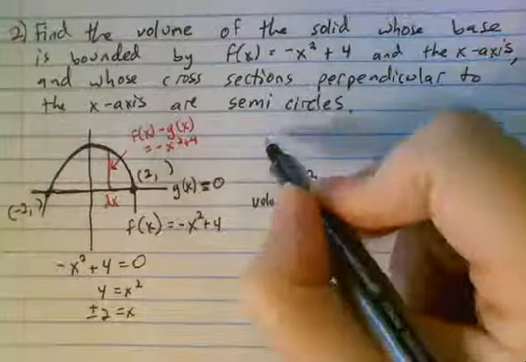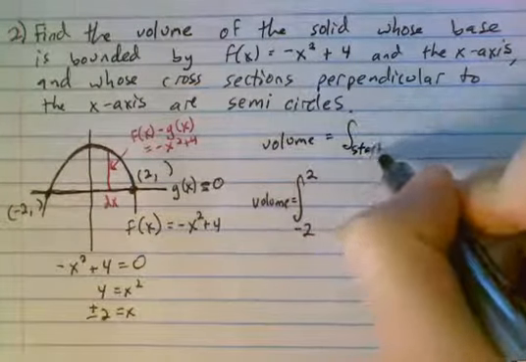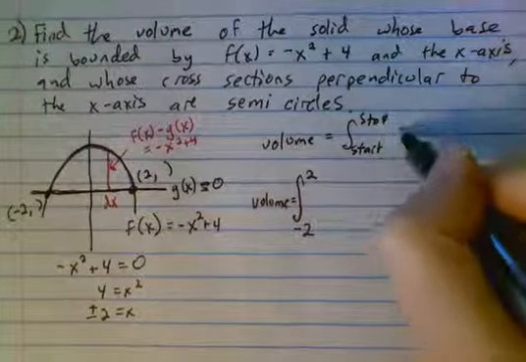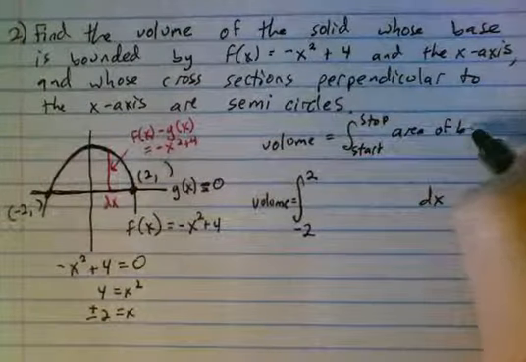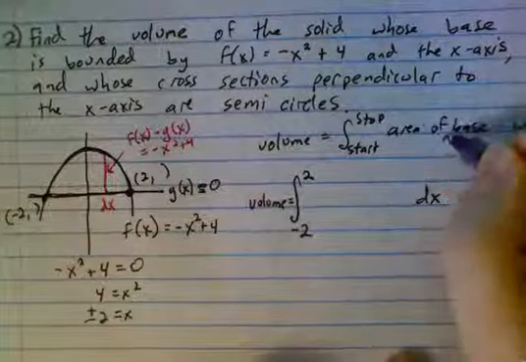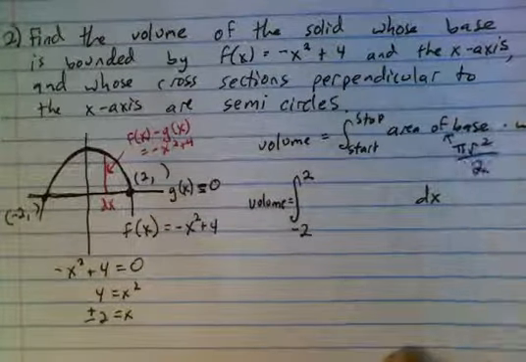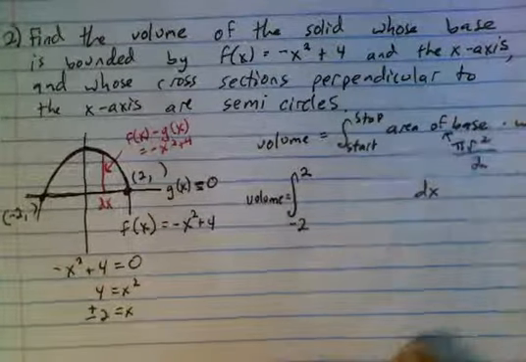Now, remember that for volume, we're going to go start to stop of the area of the base times the width. We've got all of that except for the area of the base. And let's remember that for a semicircle, the formula is going to be pi r squared over 2, because it said that the cross sections are semicircles.